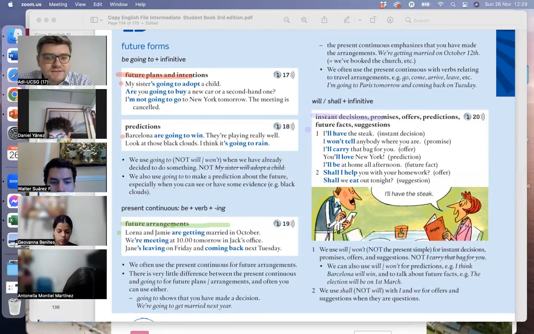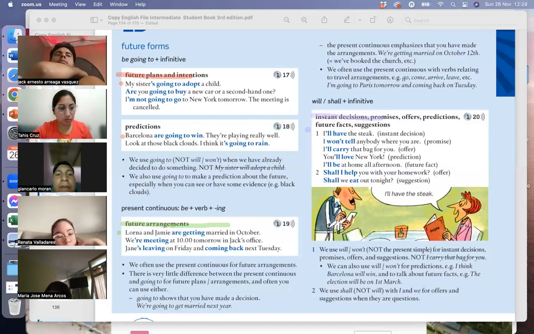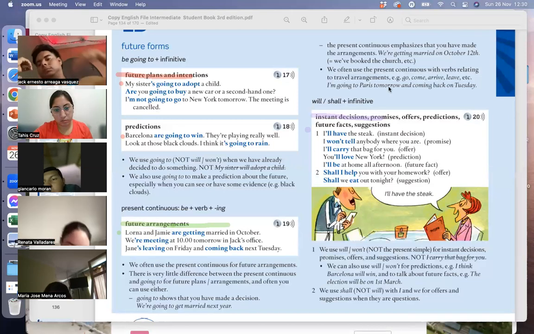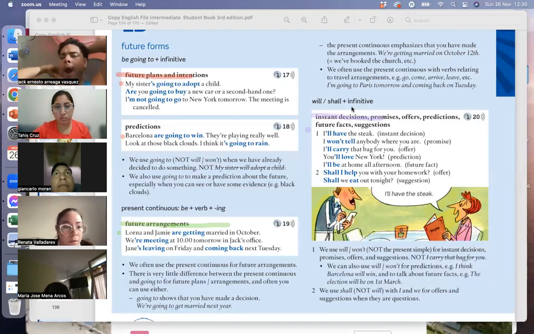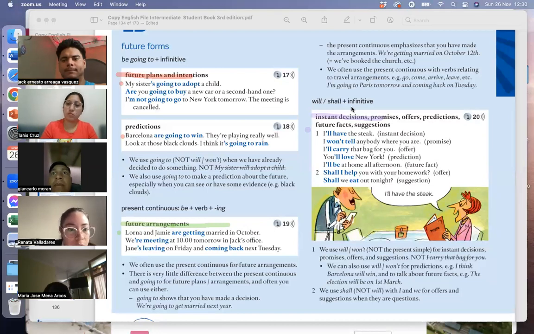Okay, next, who didn't read today much? Renata. Will, shall plus infinitive. Instant decisions, promises, offers, predictions, future facts, suggestions.